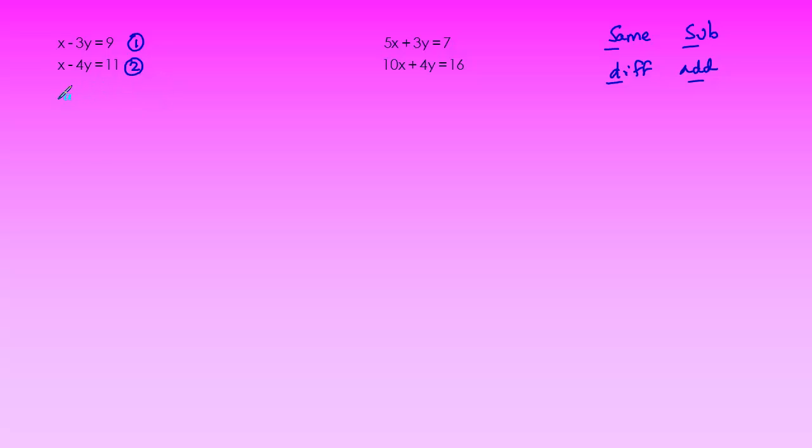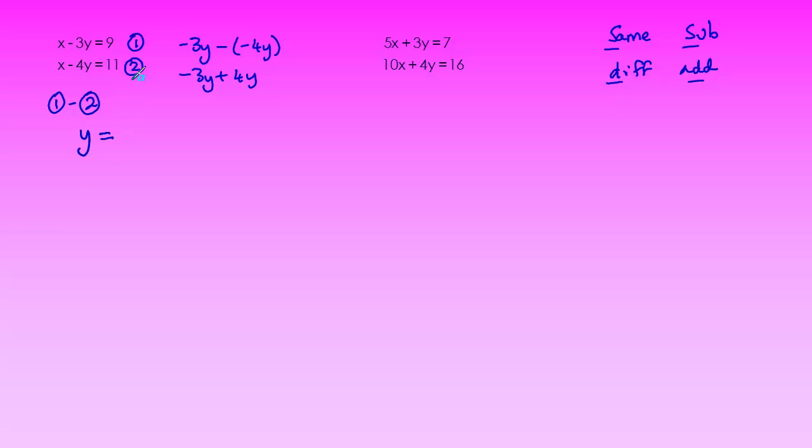Now I'm going to do this as 1 take away 2. So x take away x, that will disappear. Then we have negative 3y take away negative 4y. And that will become negative 3y add 4y, which is positive 1y.